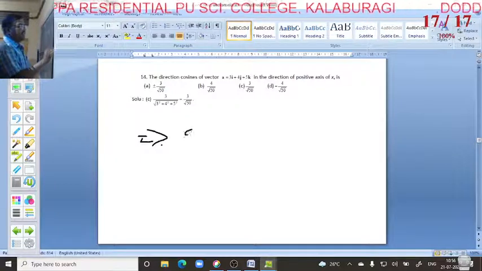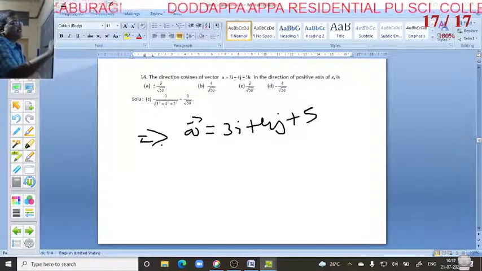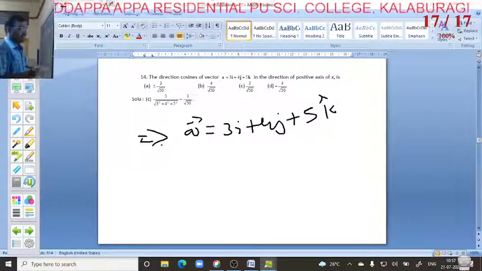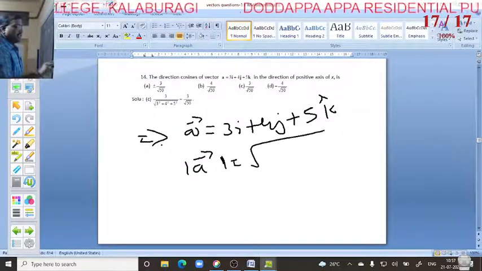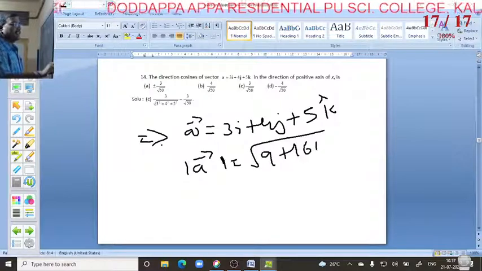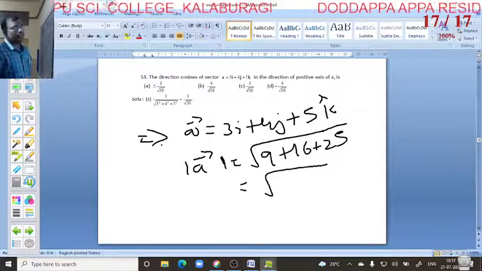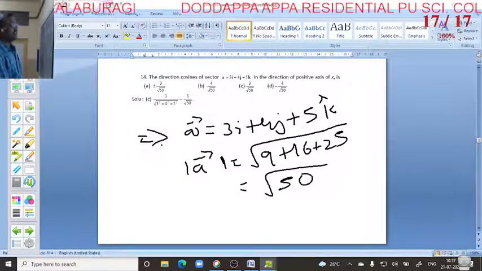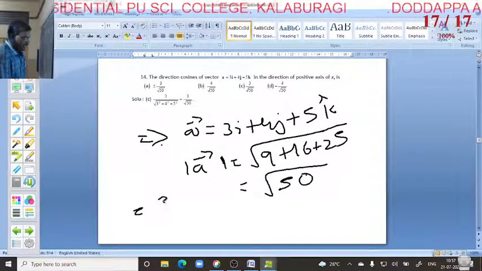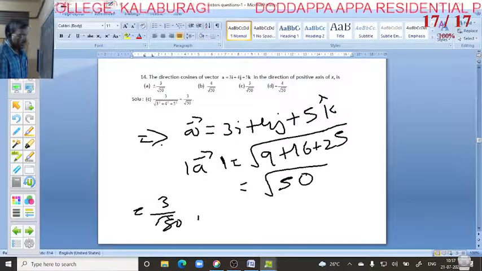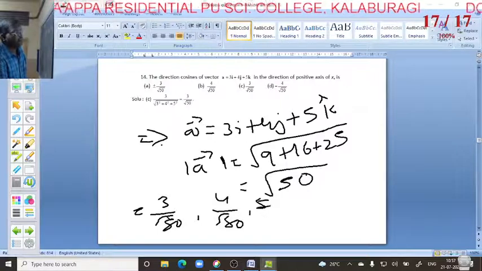First find the magnitude of vector A. 3 square means 9 plus 16 plus 25. 16 plus 9 is 25, 25 plus 25 is root 50. The direction cosines we get are 3 by root 50, 4 by root 50, and 5 by root 50.